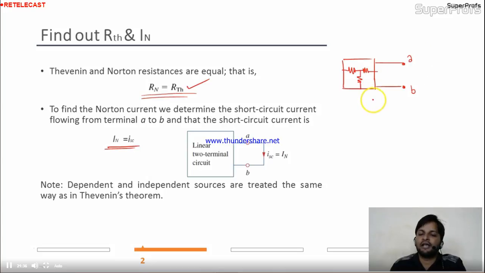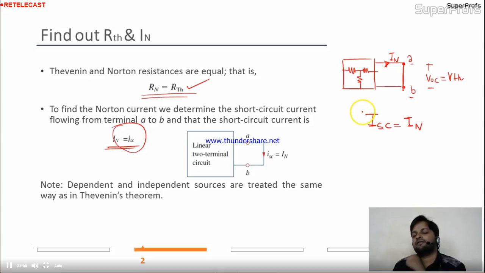While calculating the Thevenin equivalent voltage, we have to open VAB, means in this case we have to find VOC. This is nothing but VTH. But if we want to find the IN, we have to short it. We'll short it and then in the short circuit we'll find the IN or ISC. I can say the short circuit current is nothing but IN.